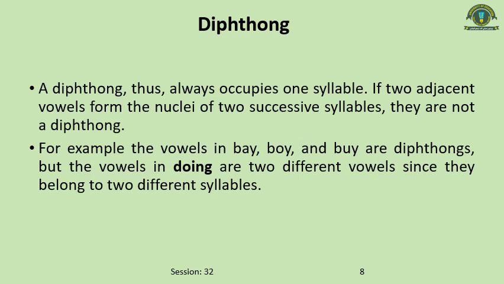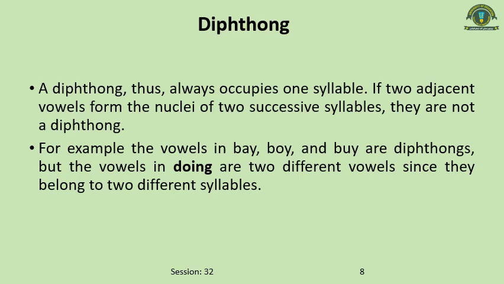B plus a, bay. B plus oi, boy. B plus I, buy. They are all diphthongs. But remember, the vowels in doing are two different vowels. They are separate vowels. They are not diphthongs, because they belong to two different syllables. Doing.